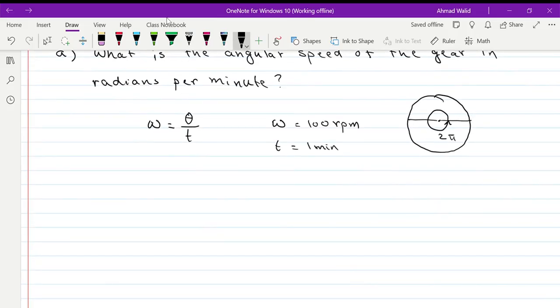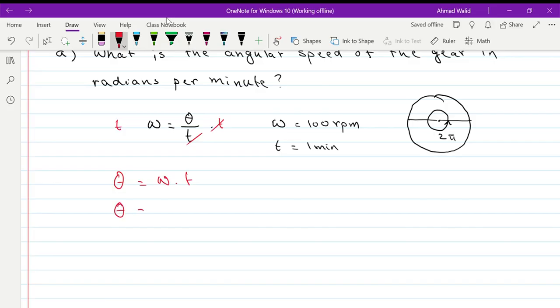If you solve your equation for theta, of course, we will multiply both sides by t. These two cancel out. Then I can say theta equals omega times t. Correct?